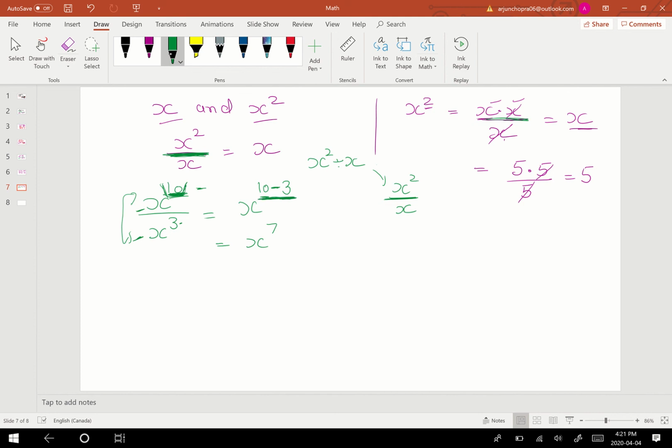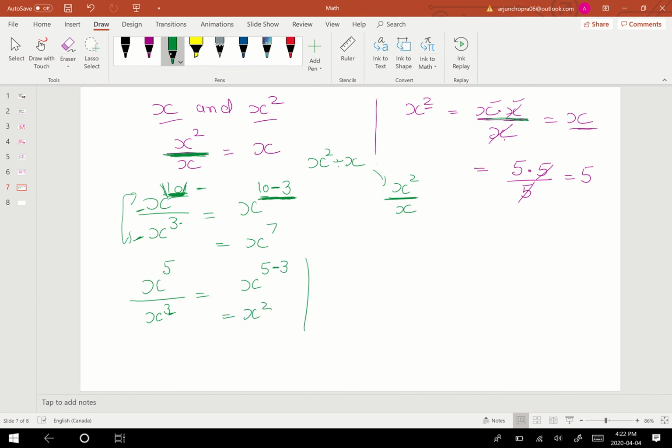Let's take another example. x raised to the power 5 divided by x raised to the power 3. What is the exponent of the top term? It is 5, and the exponent of the denominator is 3, and 5 minus 3 gives me x raised to the power 2.